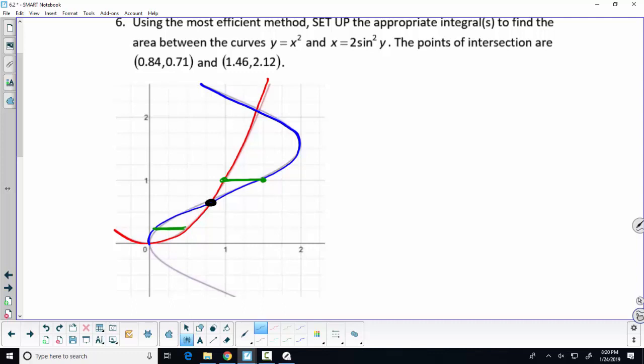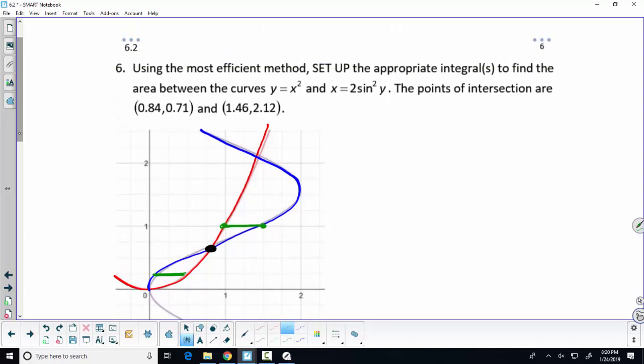Because we don't want to solve 2 sine squared y equals x for y and have it in terms of x, dx, right? So dy is the most efficient with respect to y.